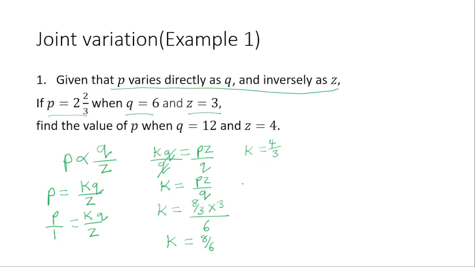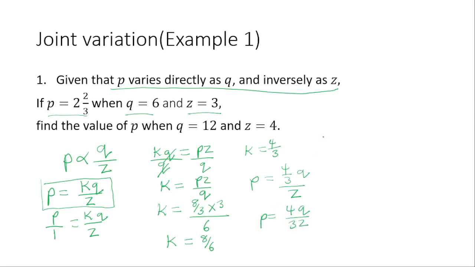All right. The equation for this situation, we substitute this in the general equation. So we'll have P being equal to 4 over 3 Q over Z. This can be written like that.